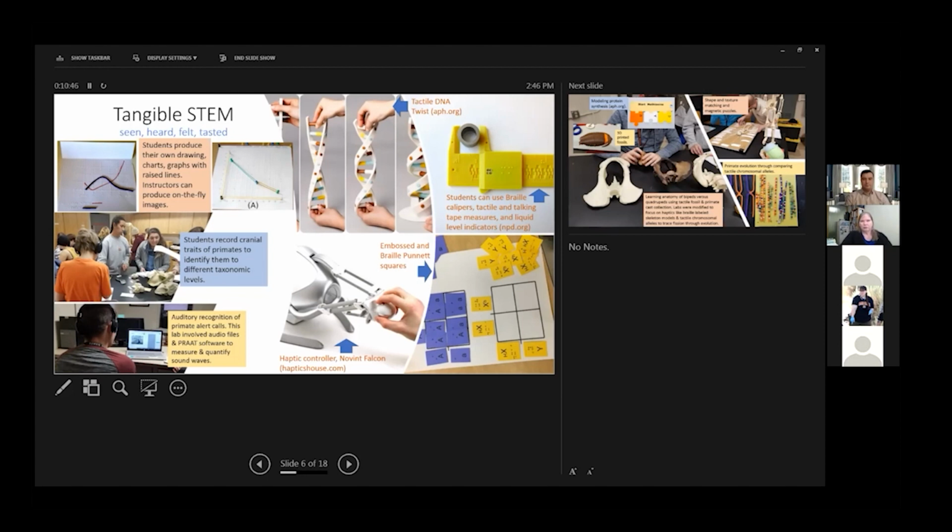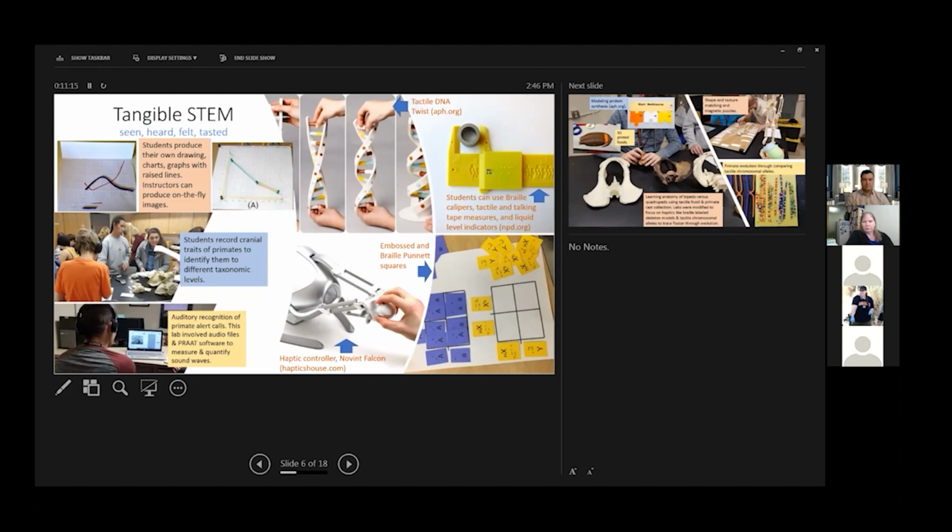You can buy the Novint Falcon, which you can use software to create games and applications for, that is haptic, where they're feeling things that you don't necessarily have in the classroom, but also getting the sense of motion as well. And so I used a combination of Braille and lifted images in order to depict those things.